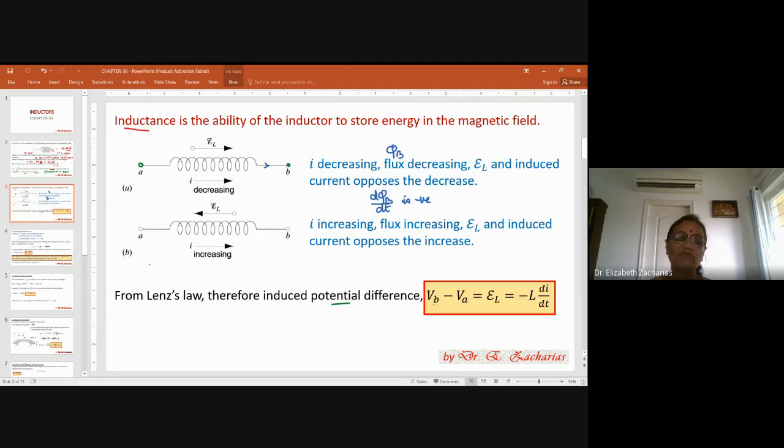This minus comes from Lenz's law. So now look at this. If the EMF is in this direction and the induced current is in this direction, VA should be greater than VB, as far as the induced EMF and the induced currents are concerned.